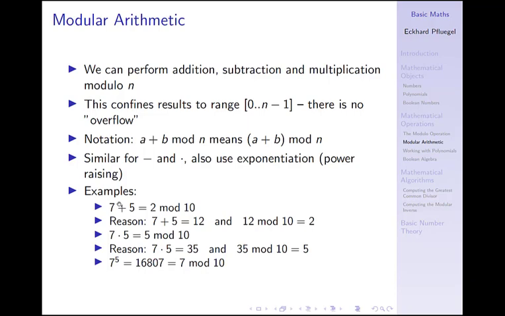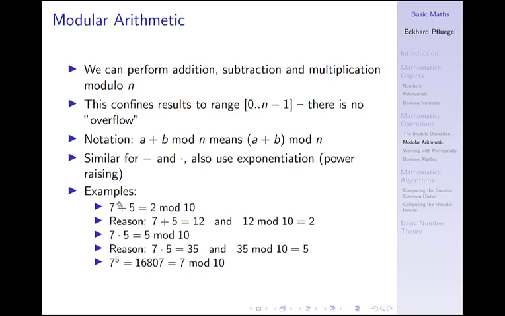So now we have enough concepts together that we can actually define modular arithmetic. So what is this? Well, it's simply still thinking about the integers and the different operations: addition, subtraction, multiplication. We would then add the modulo operation at the end. So we take some numbers, maybe we add them, we multiply them, but we always perform modulo n at the end and take that as the output of the modular operation.